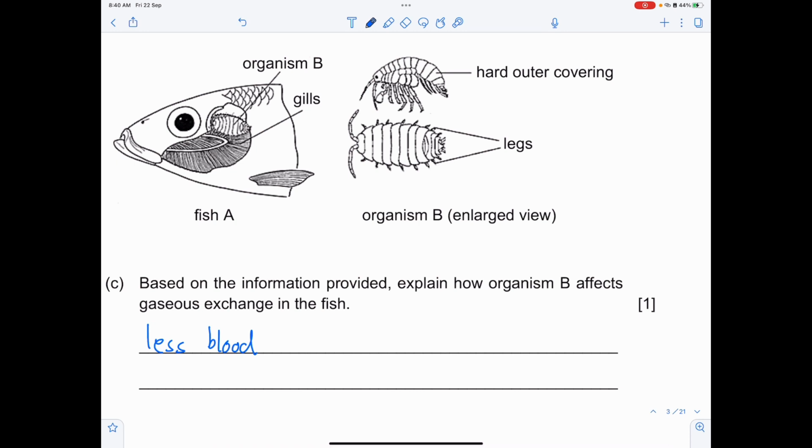So less blood reaches the gills for gaseous exchange.